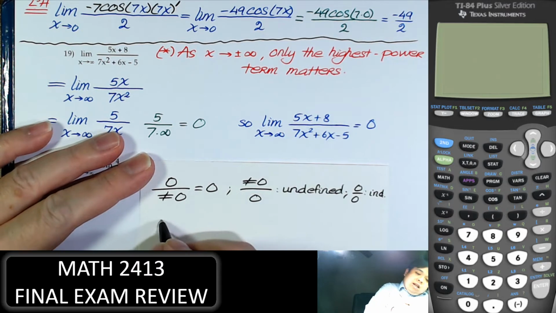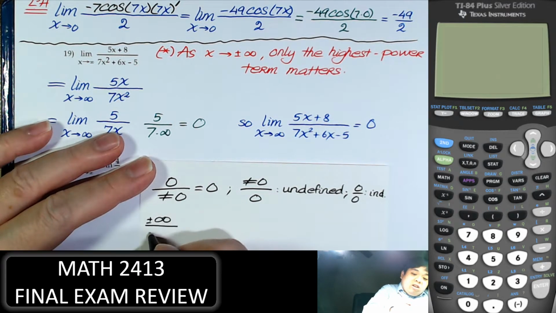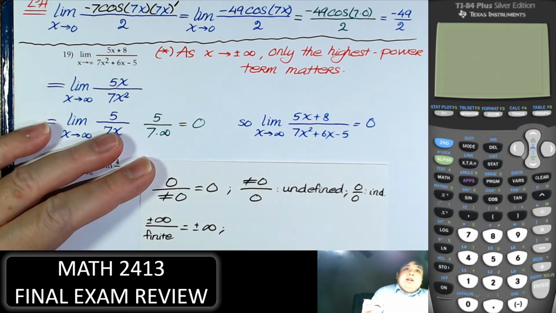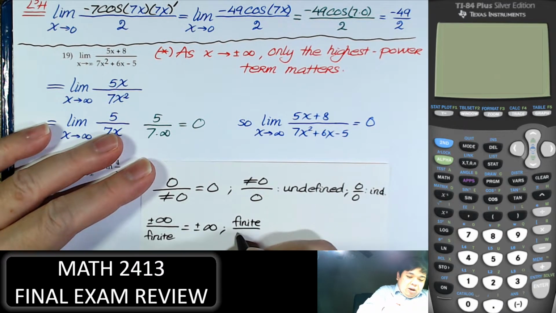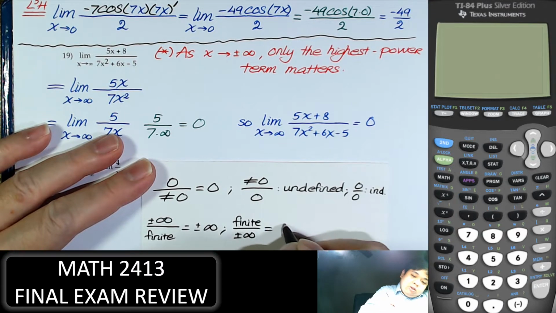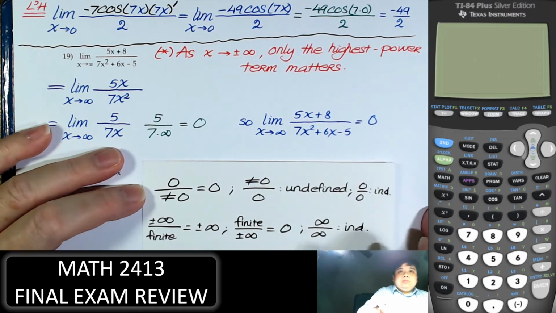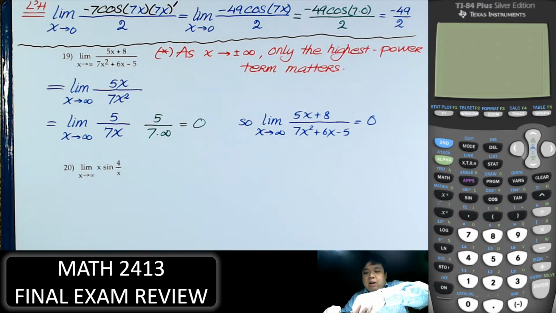Now, infinity divided by something that is not infinity means infinite. If we flip it, finite divided by infinity is equal to 0, and infinity over infinity is indeterminate. So those are the rules that we have.